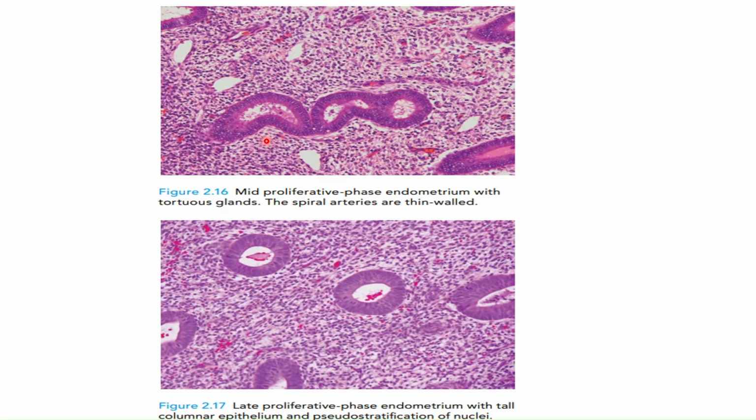In mid-proliferative phase, edema, thin-walled spiral arteries, stratification begins here and stratified glands are there. In late proliferative phase, columnar epithelium are present with pseudostratification of nuclei, but edema is absent as compared to mid-proliferative phase.